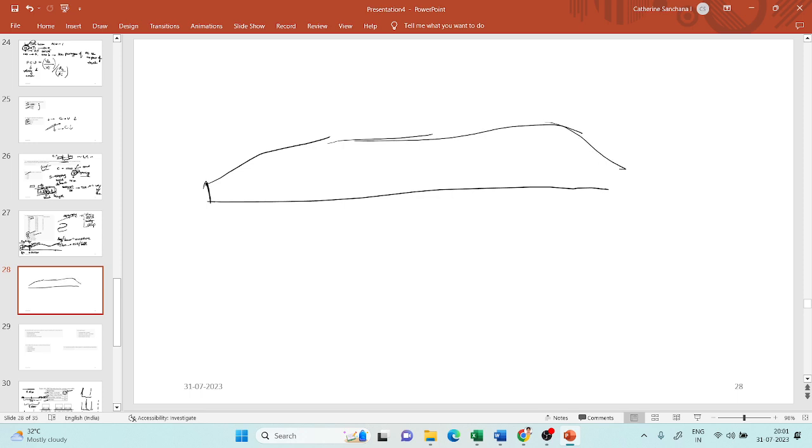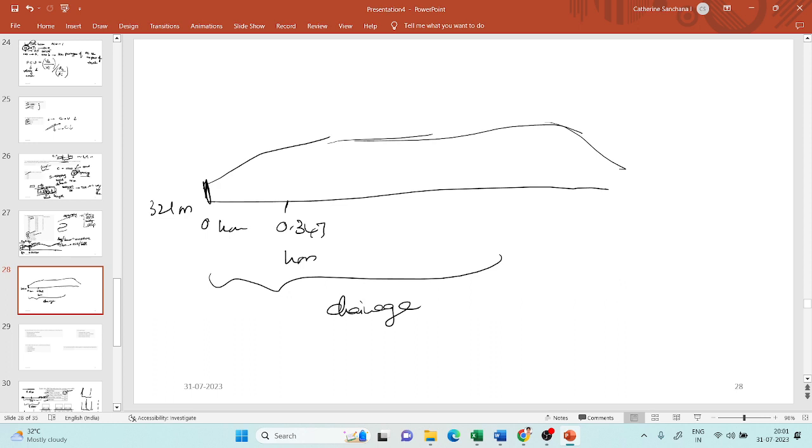At 0 kilometers, the height of the road above a particular level is 321 meters, and at 0.347 kilometers, which is the chainage I'm talking about, the height is 352 meters. Since this 352 is greater than 321, I know that this road section has an increasing gradient.